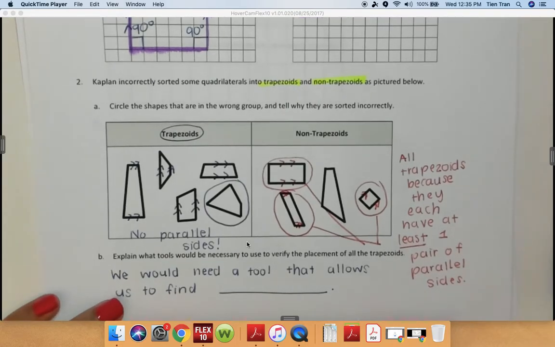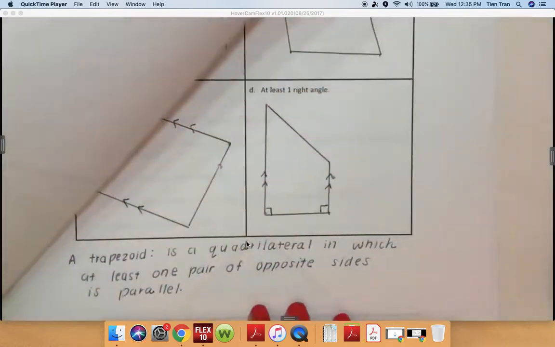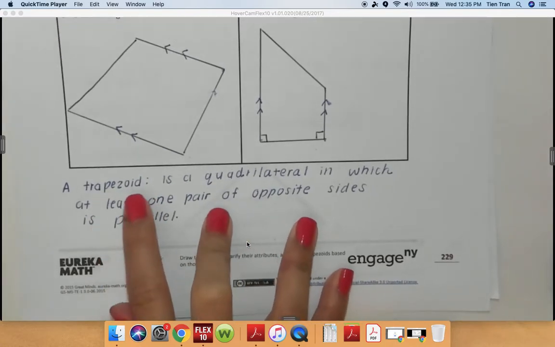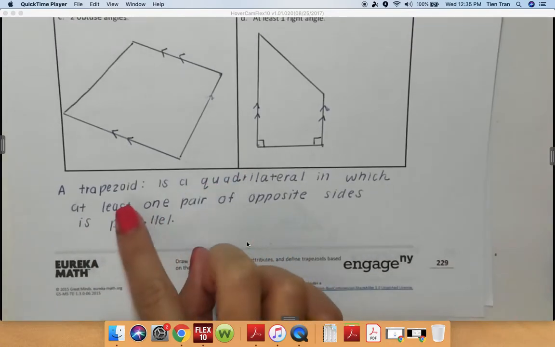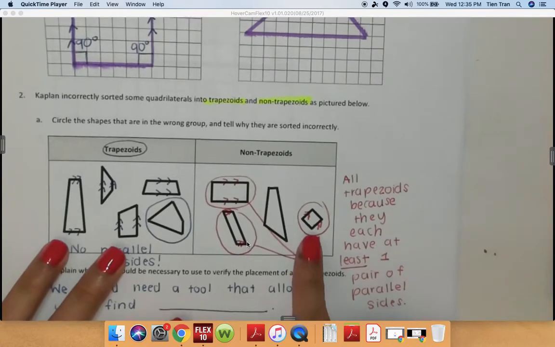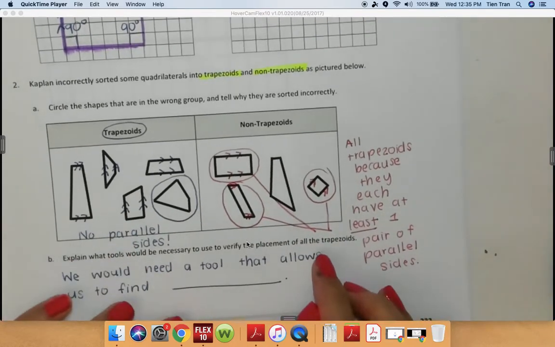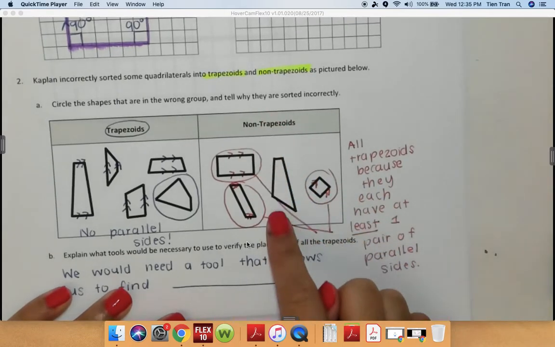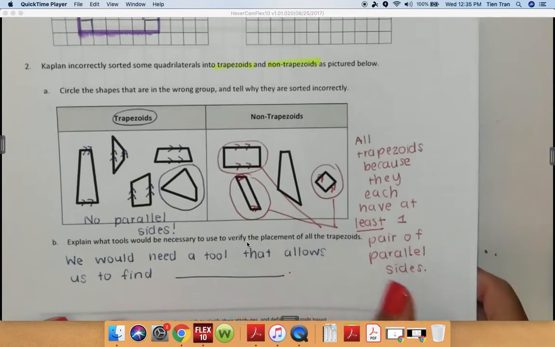Now, why am I saying that? Earlier on, in the beginning of the lesson, I said that a trapezoid is a quadrilateral in which at least one pair of opposite sides is parallel. So in this case, all of these three would be considered trapezoids, and the one in the middle is not a trapezoid. So it stays where it belongs in that category.